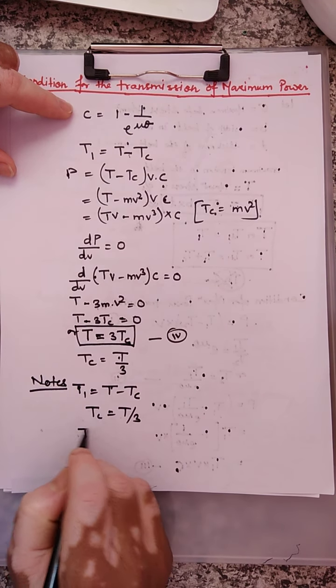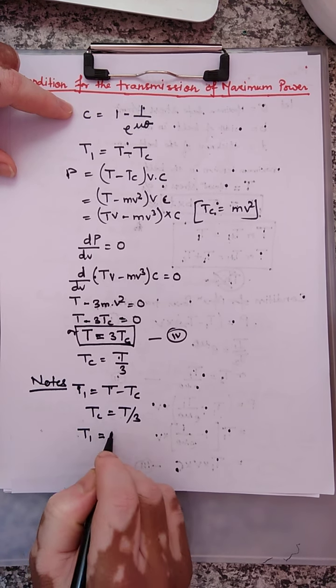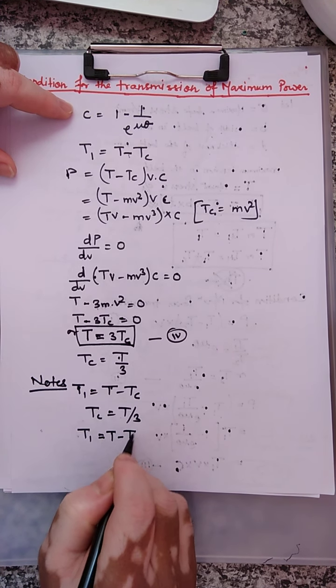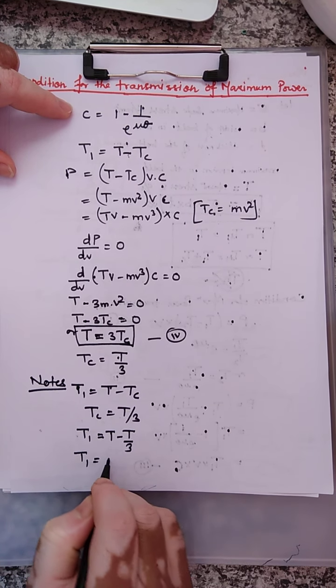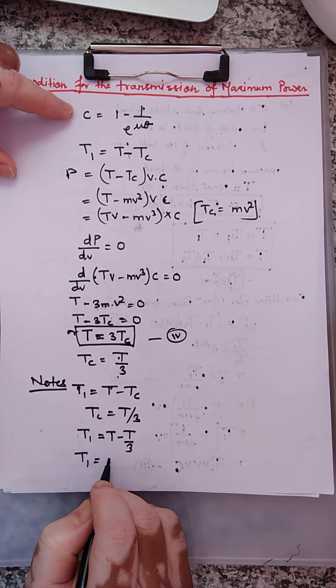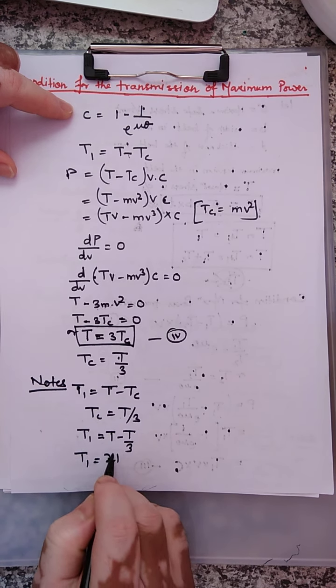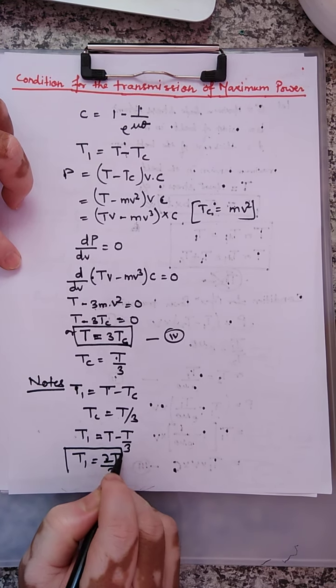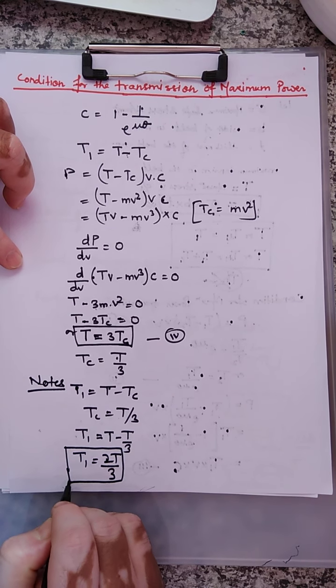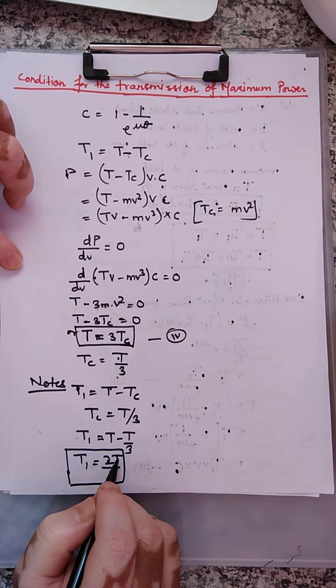That means T1 is equal to T minus T by 3, that means T1 is equal to 2T by 3, meaning 2 by 3 times T.